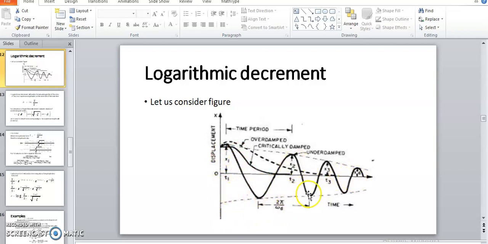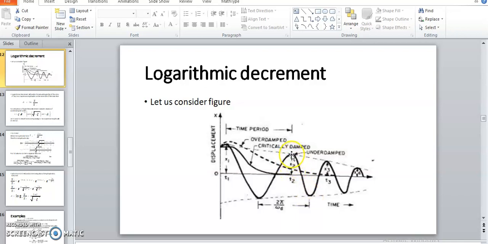The time required to complete one cycle is nothing but the time period. If we consider this as the starting point, the time required to complete one cycle is this much.